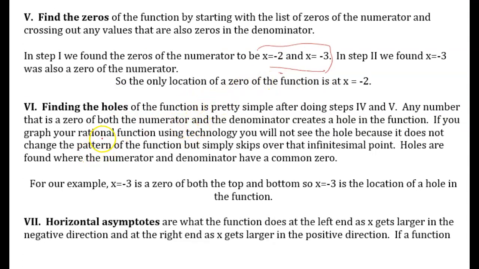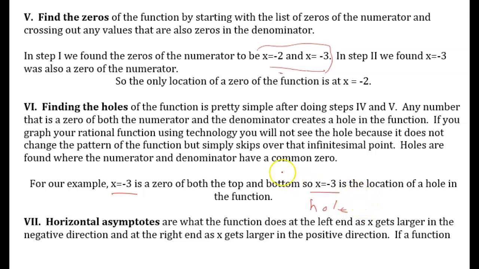So now, what do you do with that -3? Must be some significance. Well, it is. You don't see it on those graphs you do with technology for sure. It looks like this function passes straight through x equals -3 if you graph it. But x equals -3 is a zero of both the top and the bottom. So it's not a vertical asymptote, and it's not a zero of the function, but it is what we call a hole.